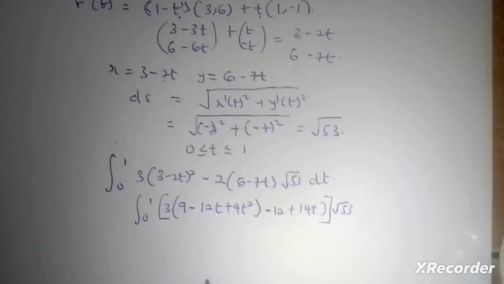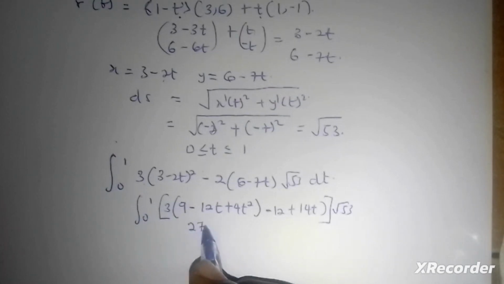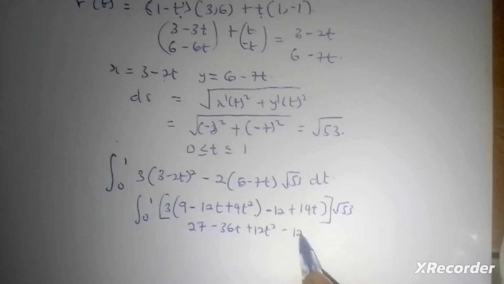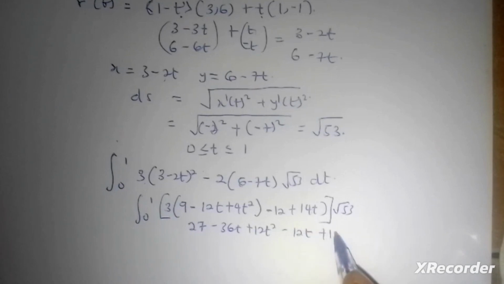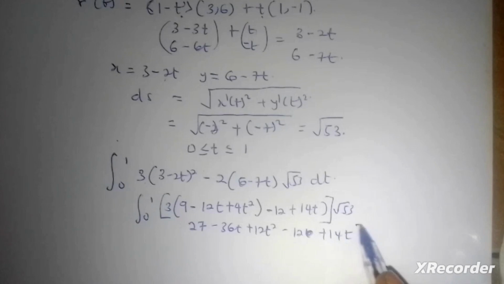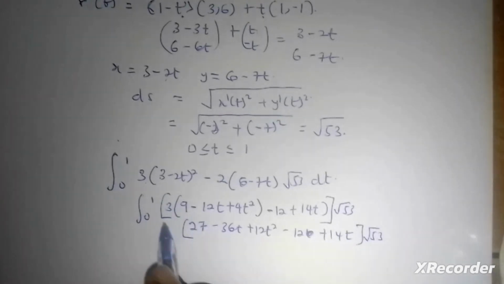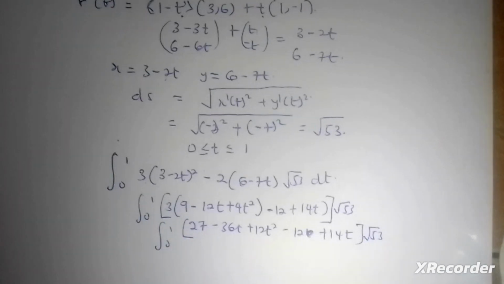So this is further simplified so that you're going to get 27 minus 36t plus 12t squared minus 12 plus 14t, everything multiplying the square root of 53, from 0 to 1. Now I still simplify.